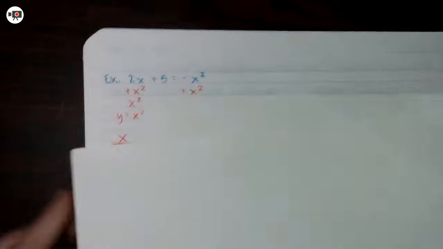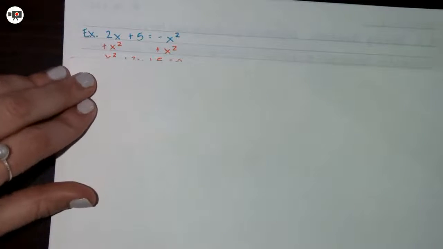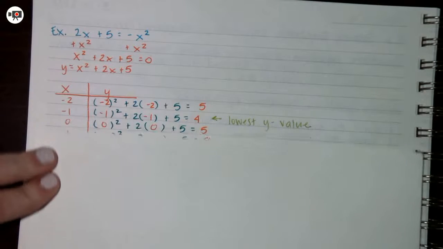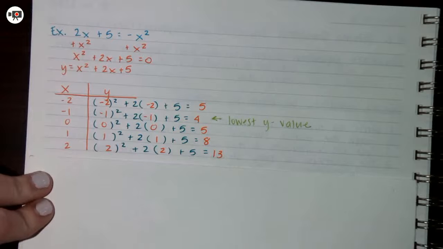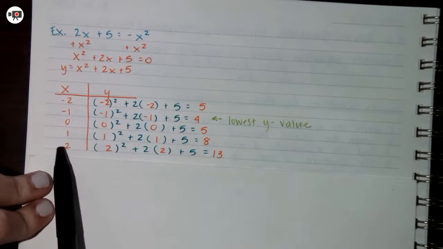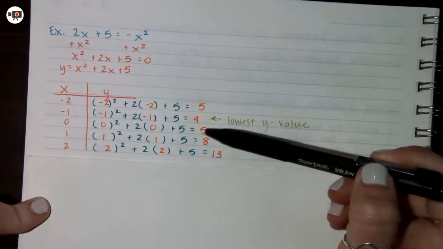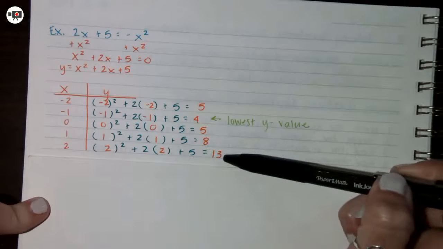And now for this last one, I'm going to add x squared to each side. I get x squared plus 2x plus 5 equals 0. Replace that with a y, and make a table. For here, we're going to see that we get y values of 5, 4, 5, 8, and 13.